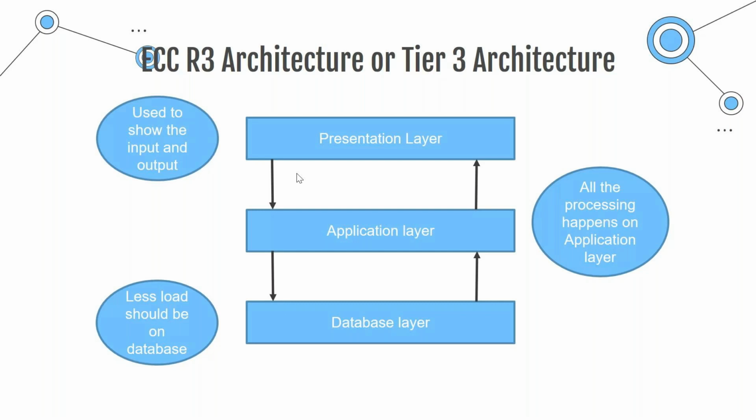Then the application layer: all the logical processing that has to be done in order to perform the action that you're trying to perform will be done on your application layer. Suppose you are executing a report, you'll have to get the data and do some logical processing on it. All that logical processing will happen on your application layer.